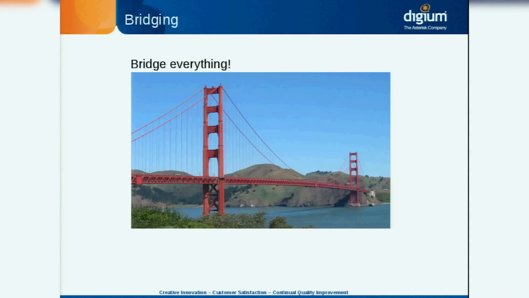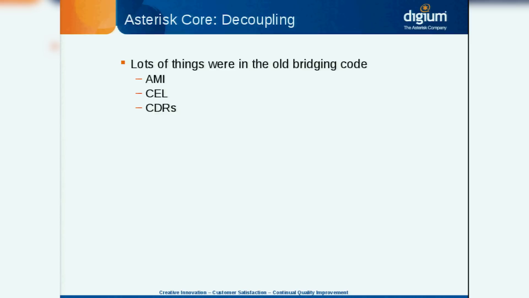It's great, right? Well, unfortunately, it isn't always that simple, because there's one small problem that we also had to address. Lots of things were in the old bridging code. AMI was in the old bridging code. CEL was in the old bridging code. CDRs were in the old bridging code. And once we move to the bridging framework, we have two options.